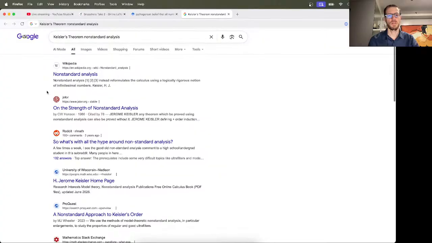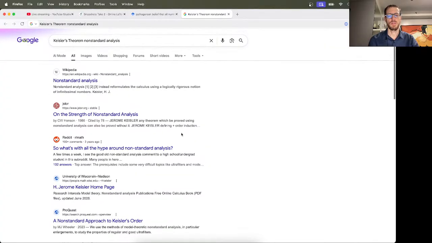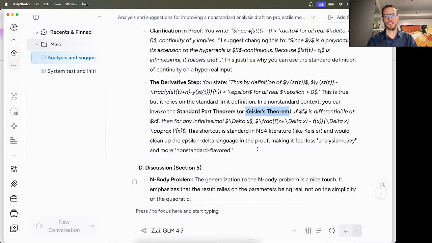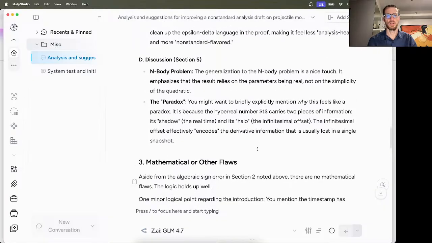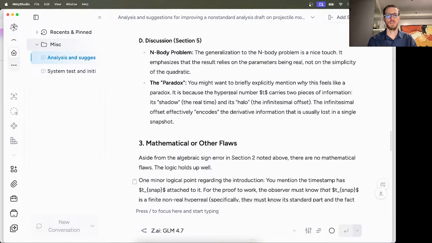I'm not seeing references to this, which doesn't imply the AI is hallucinating it, but I'll err on the side of caution and not mention it. Discussion section 5, n-body problem.